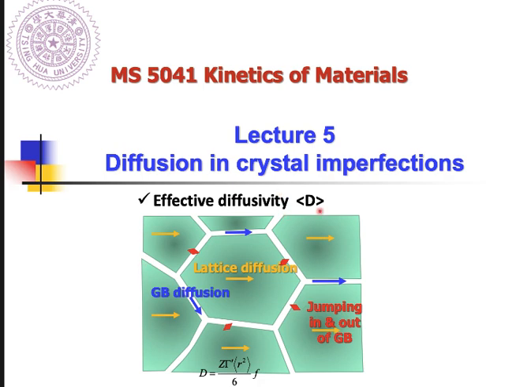The diffusibility of this type of material, some people also call the effective diffusibility. Use this symbol to represent it. So what does the effective diffusibility mean? It means the effective diffusibility is a measurable diffusibility of these materials, and also a combination of the diffusibilities of these materials. Okay?